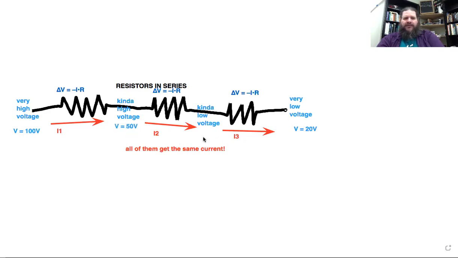And then through the next resistor, you lose another 25 volts, so you're down to 25 volts. And then through the last resistor, you lose 5 volts. So you lose 50 volts, then you lose 25 volts, then you lose 5 volts. Overall, you've lost all 80 volts. But the resistors are splitting up the available voltage.